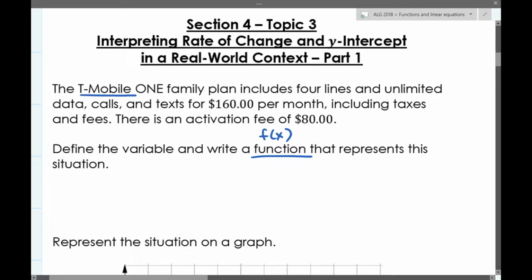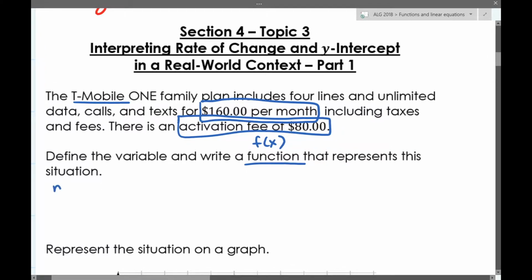Okay, so we got to figure out what we need though. Right away I see a number and it says per month. So that means I'm going to need that. I also see another number and that's an activation fee. Okay, and the activation fee is $80. So let's write this out. So the first one we're going to use is M, and clearly that one would stand for the month.